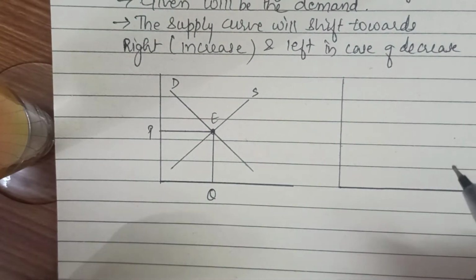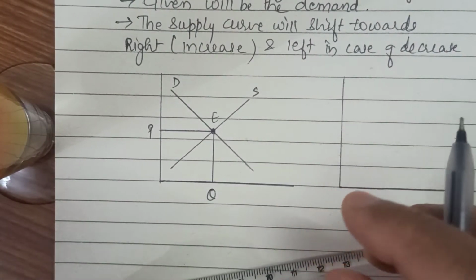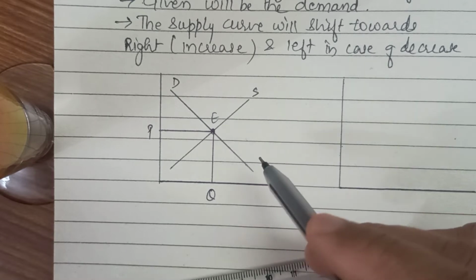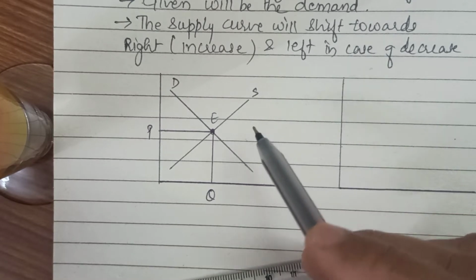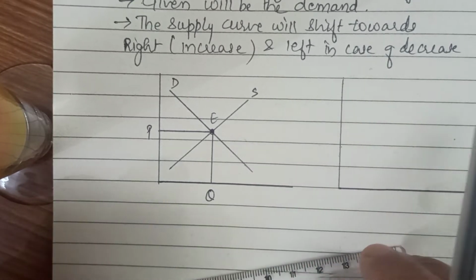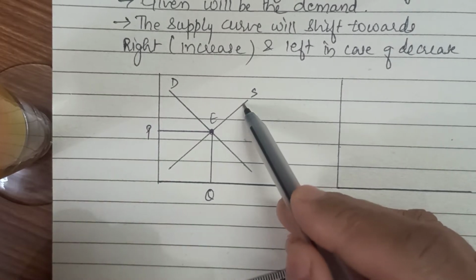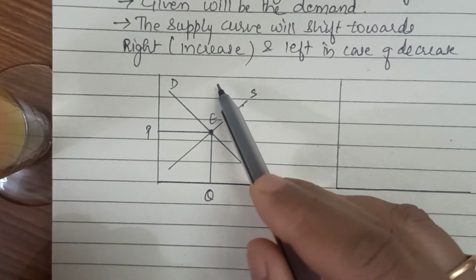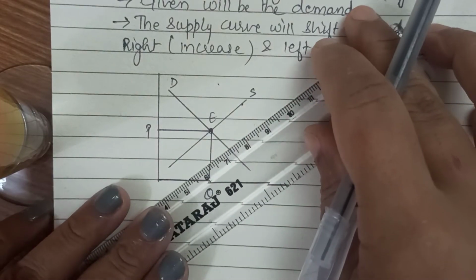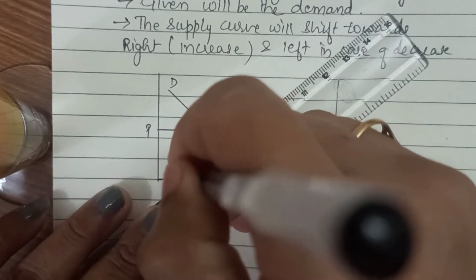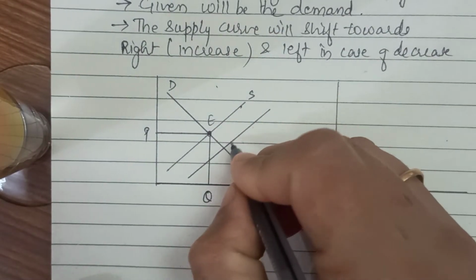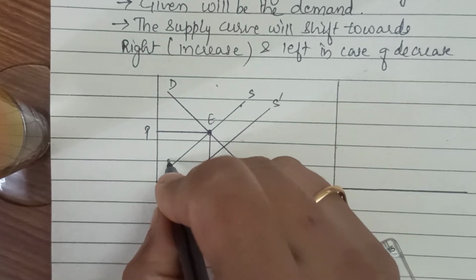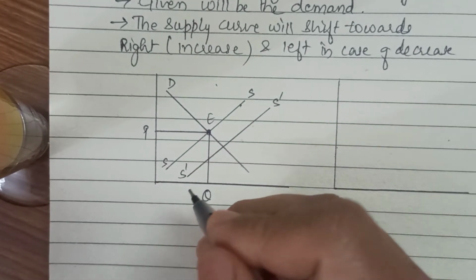Now because of some of the reasons, the supply curve shifts towards the right side. Because of the increase in the supply, the curve shifts towards the right side. So this is the supply curve, this is the right side, this is the left side. So the supply curve shifts towards the right side and we get a new supply curve S dash.